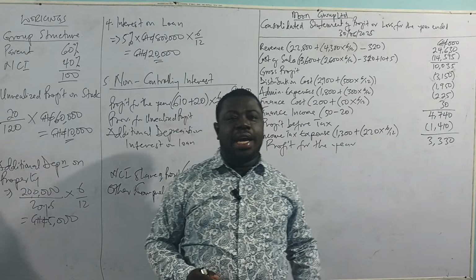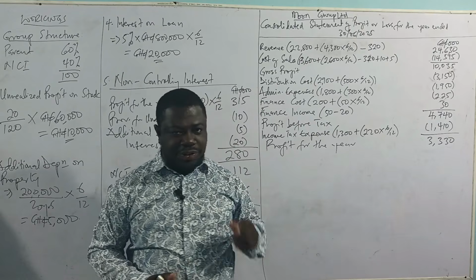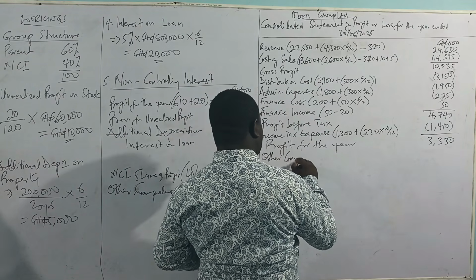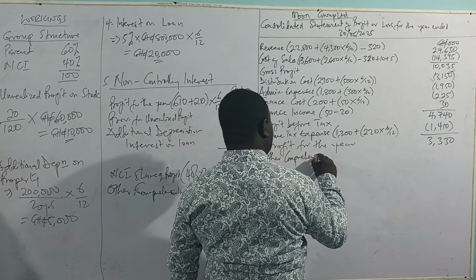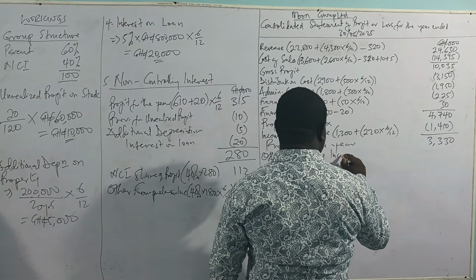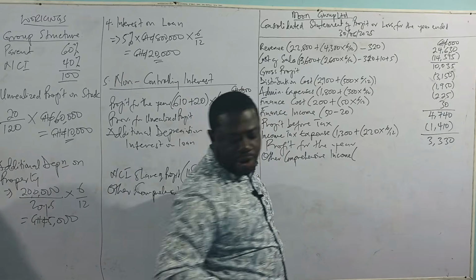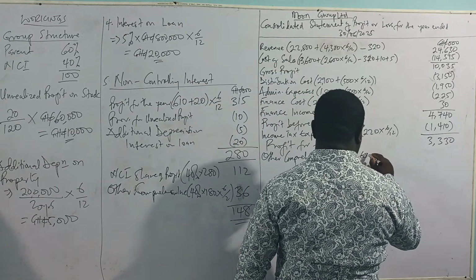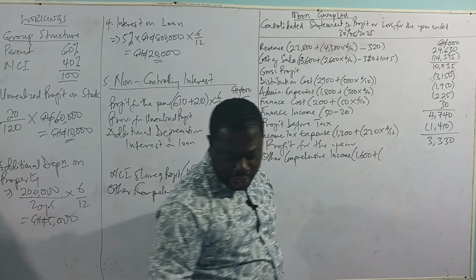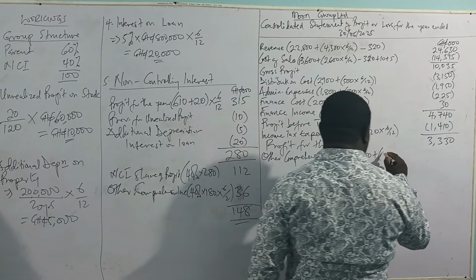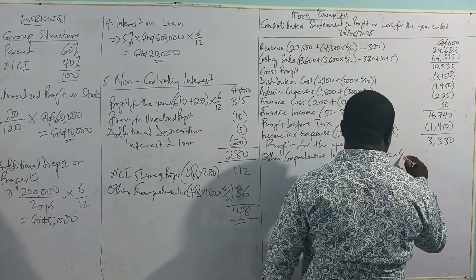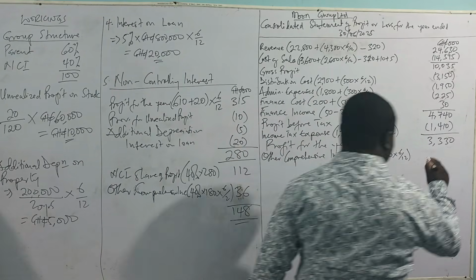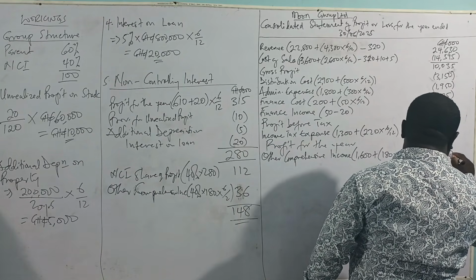Okay. Then we now add other comprehensive income. For the parent, the other comprehensive income is 1,600, but for the subsidiary, it is 180. So 180 times 6 over 12, as usual. And that gives us 1,690.